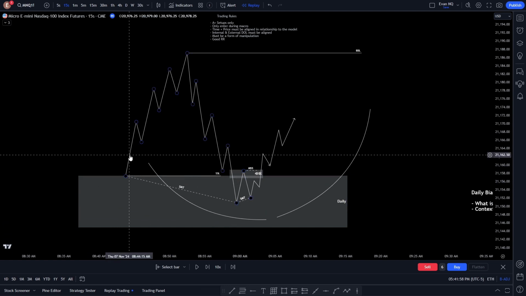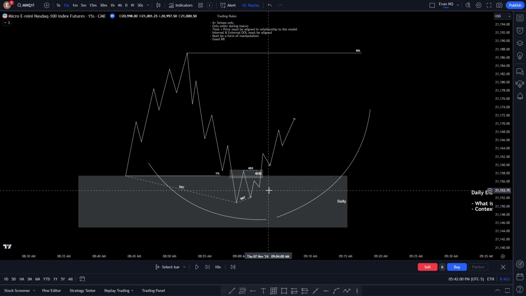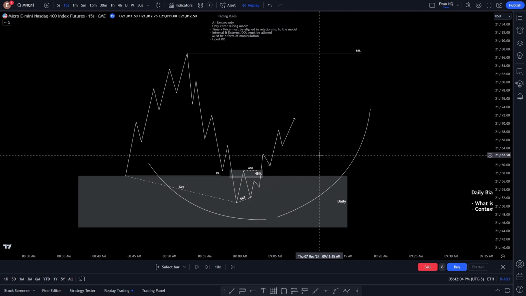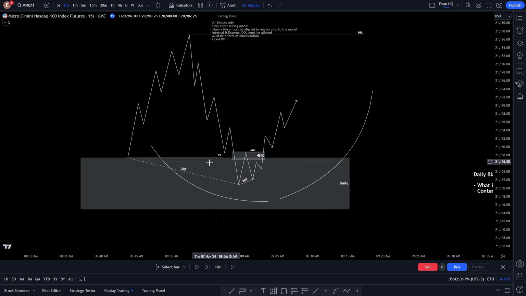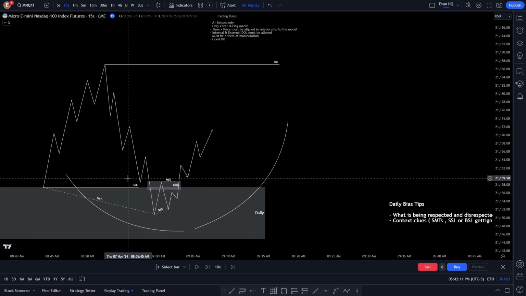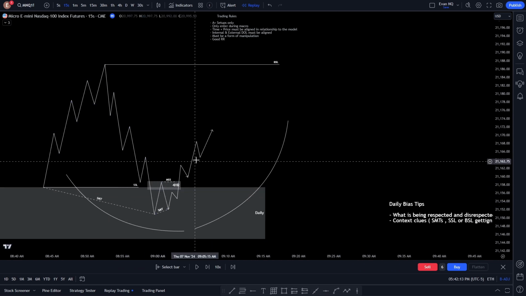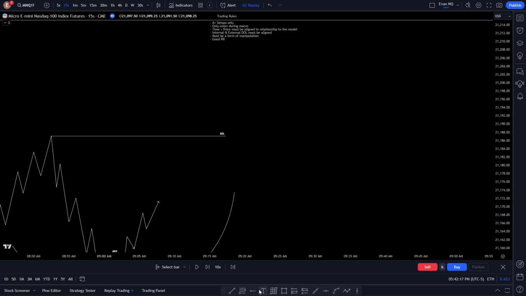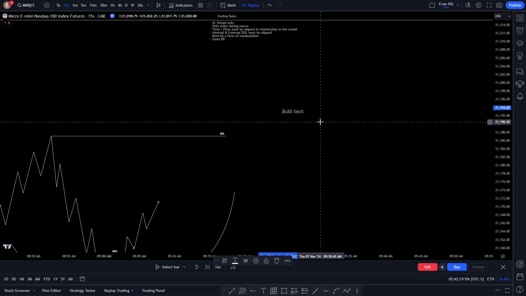Is there sell side swept? Are we in a higher time frame PD array? You have to keep that in mind, and consider these things when looking for bias.